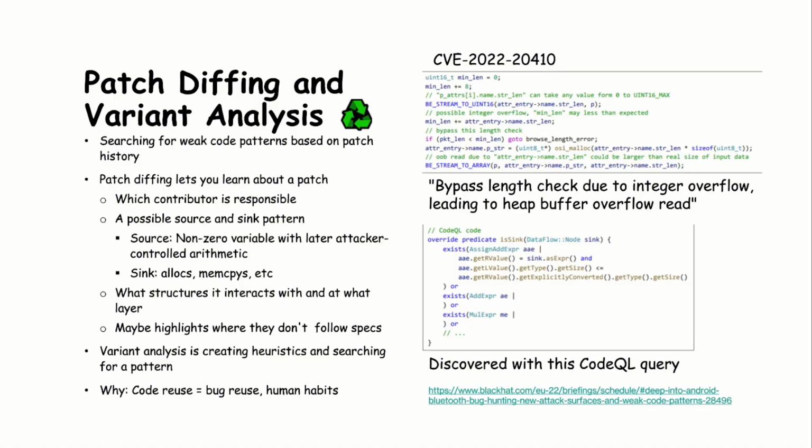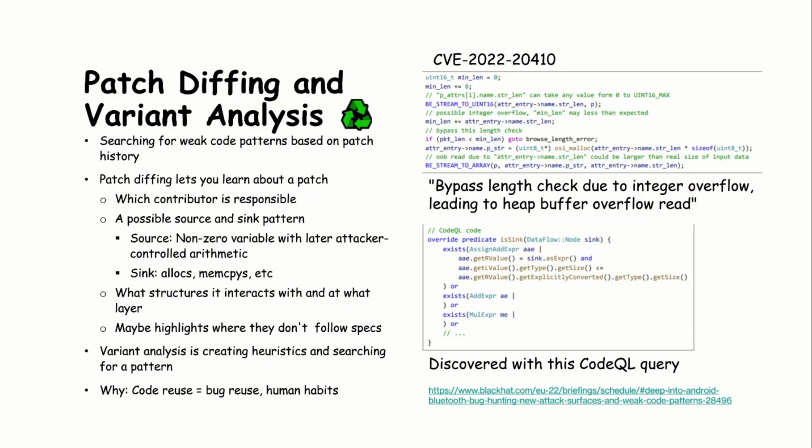And a good vulnerability research practice in general is looking at the Git blame and seeing all the commits from this one guy who's responsible. Because people reuse code, they have certain bad habits, and they might do the same things repeatedly, especially if they don't know that it's bad or they're not in sync with other programmers working on the same code base.